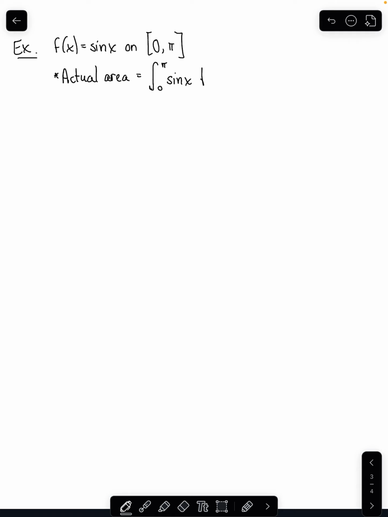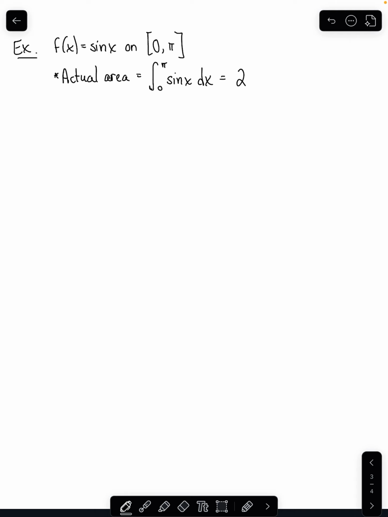So let's test it out using the same example that we used for the midpoint rule. We're going to use f of x equals sine of x on 0 to pi, which we know from having looked at this in a previous video, that the actual area given by the integral from 0 to pi of sine of x dx is 2.